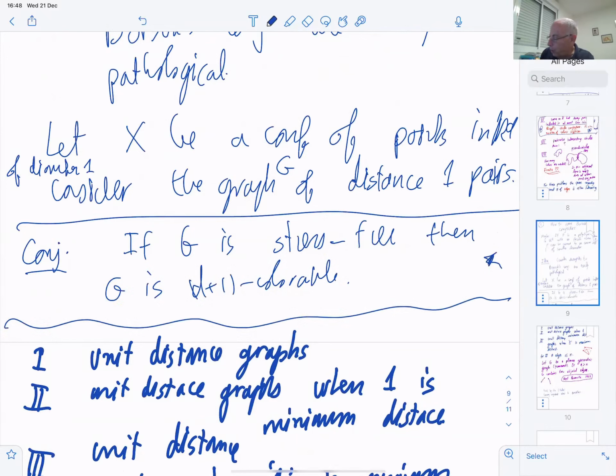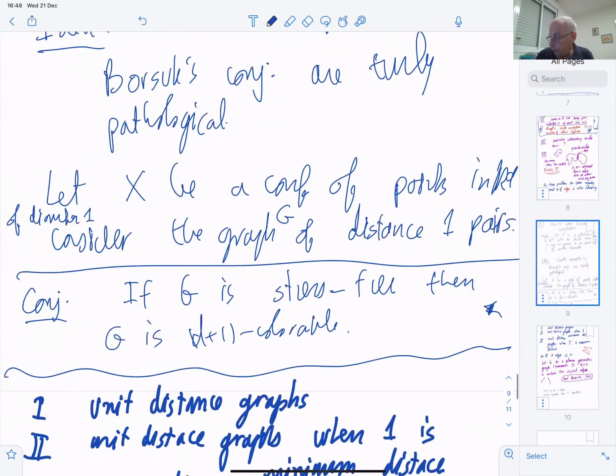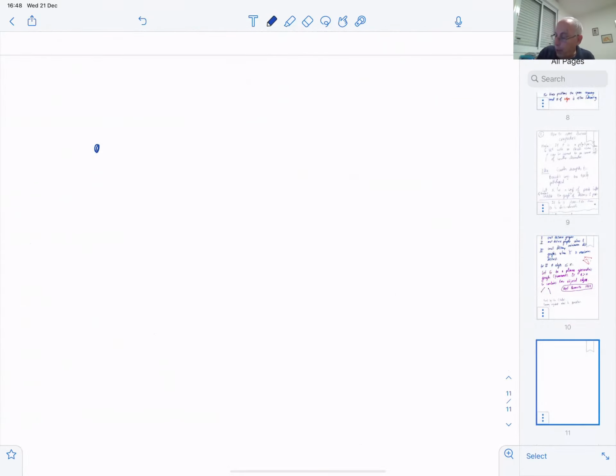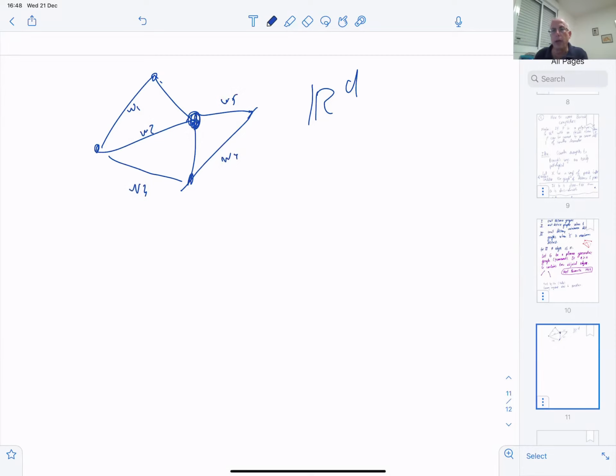Okay, so this is the conjecture, and I should explain what it means to be stress-free. If we have a graph embedded in R^D, a stress is an assignment of weights to the edges so that every vertex is in equilibrium.